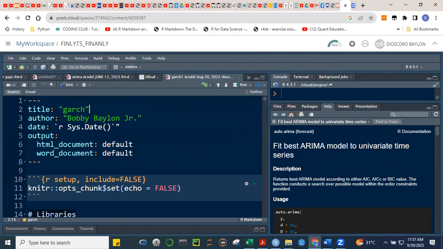Kung without mean, it will be equal to phi1 times y sub t minus 1. Sorry, so this should be y sub t. Y sub t is equal to phi1 y sub t minus 1 plus your error term.